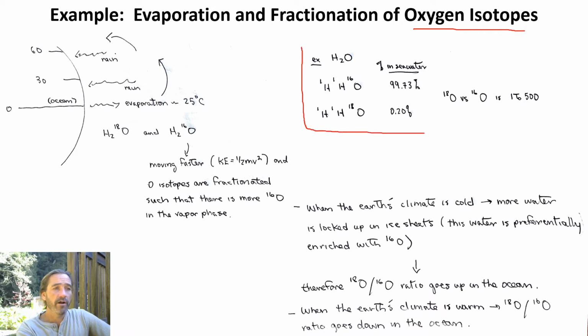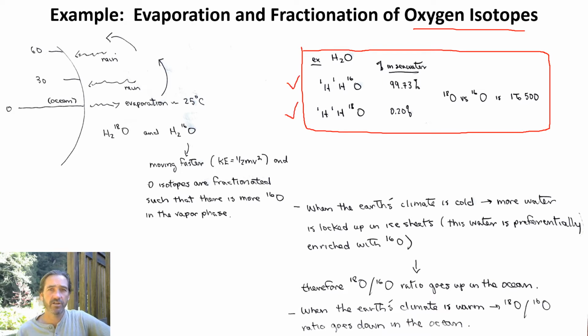So let's look at water and the two highest abundant combinations of hydrogen and oxygen isotopes. Remember, hydrogen could also be as deuterium, H2. That is a stable isotope, but we're not going to consider those combinations.